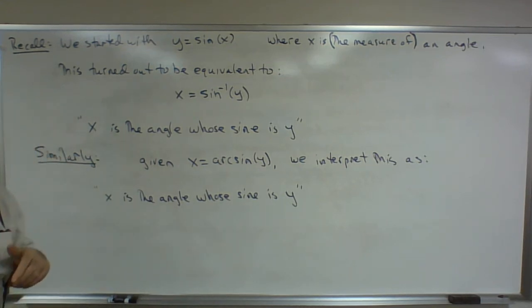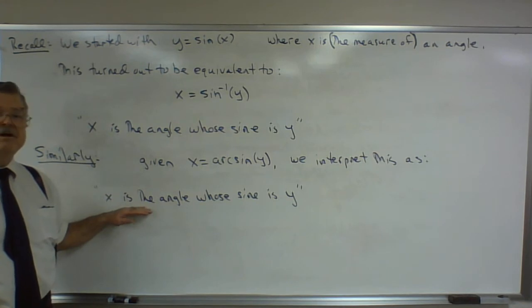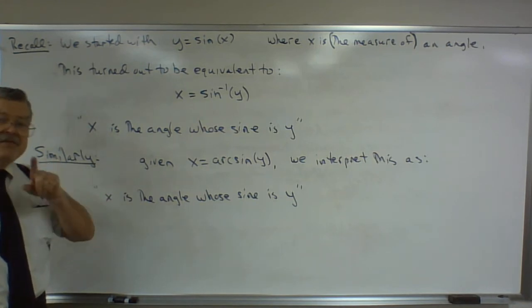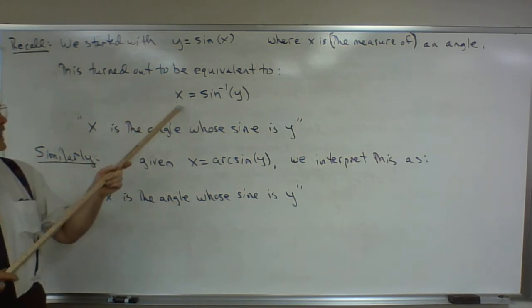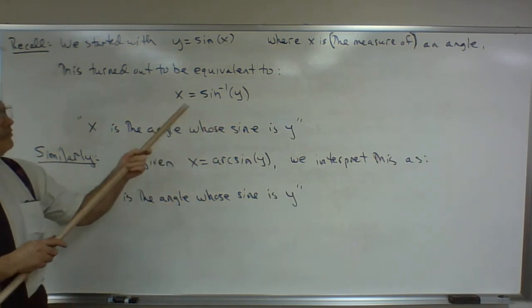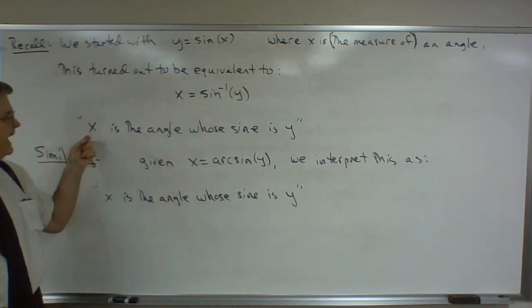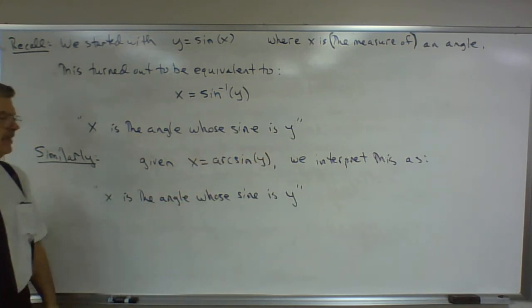This is going to be a fairly important observation. As a matter of fact, we're going to make good use of this observation in this lecture. So whenever we see x equals sine inverse of y, let's remember what this really means is that x is the angle whose sine is y.